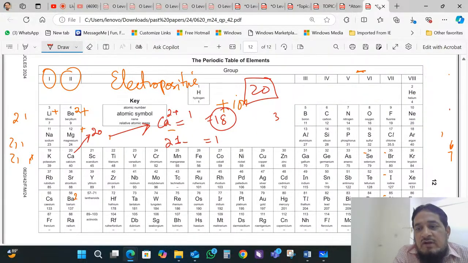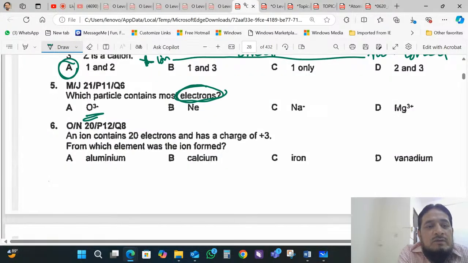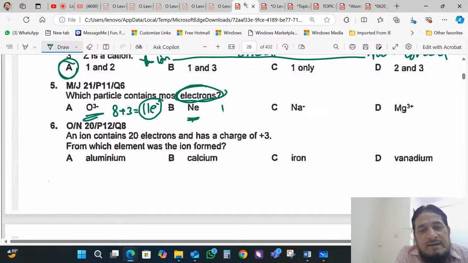So this is oxygen, this is 8 and 16. So O3 minus, 8 plus 3, total 11, and 11 electrons it will have. And then the neon, this is a simple atom, it will have 10 electrons. Then Na plus will have 10 electrons.